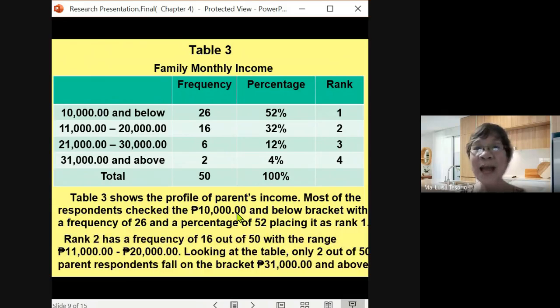Rank 2 has a frequency of 16 out of 50 with a range of 11,000 up to 20,000 pesos. Looking at the table, notice that only 2 out of the 50 parent respondents fall on the bracket 31,000 and above.